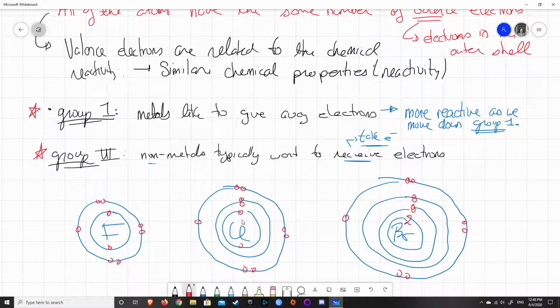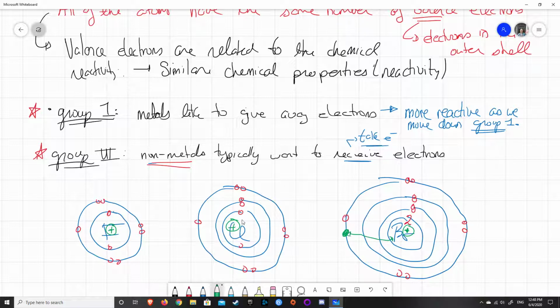So now we have to see, what should we think with reactivity, right? Nonmetals like to take electrons. So to take electrons, the electrons need to feel attracted to this positive core. So on that same note, as we're further away, electrons care less about the core. If this one's to take an electron, this electron is super far from the core.